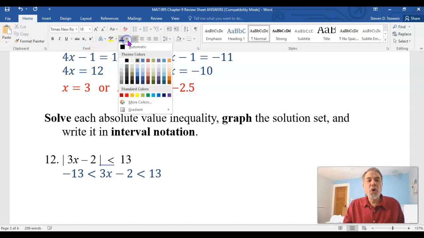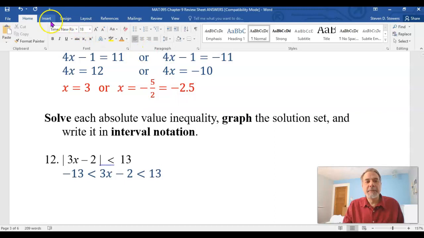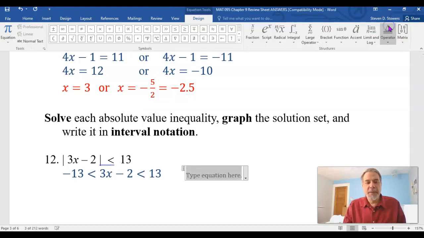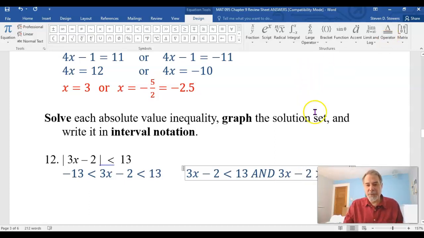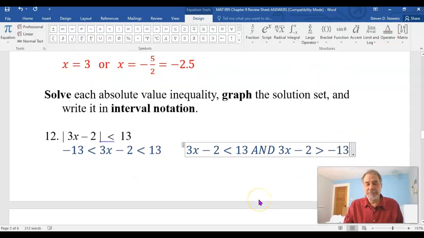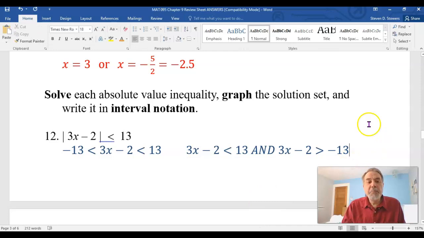Now this could also be written as 3x minus 2 is less than 13, and 3x minus 2 is greater than negative 13. That really means the same thing as what I put over here.